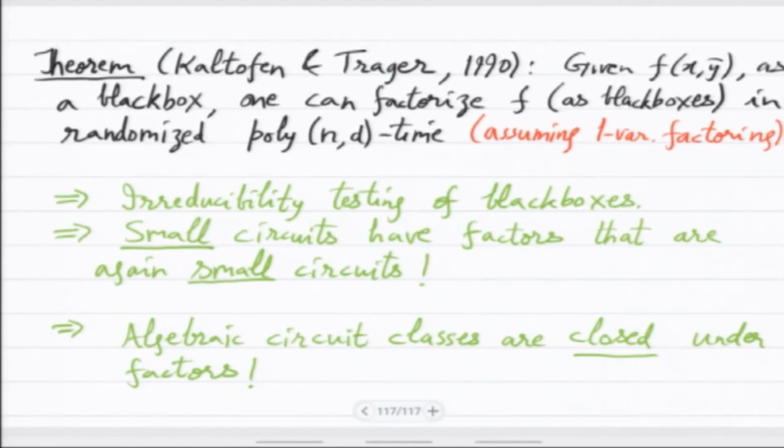So it's basically a closure result for algebraic circuit complexity.